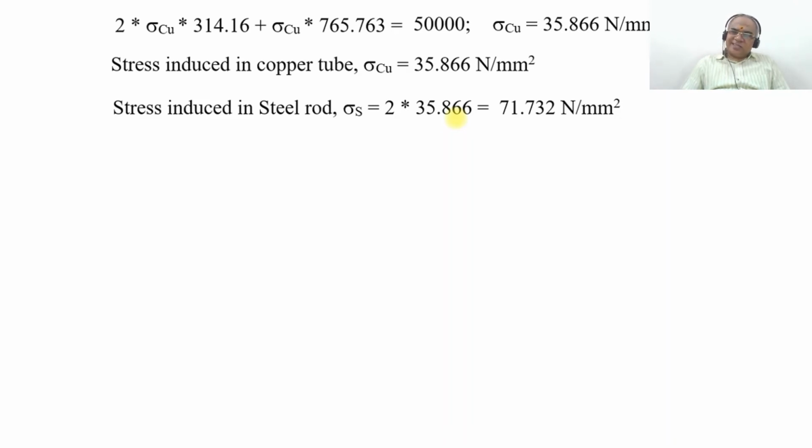Once you know the stresses in both the steel rod and the copper tube, it is very easy to find out the load carried by the copper and the steel. That is because we know that PS is equal to sigma S into AS. We know the area of cross section and the stress, so we can easily find that.